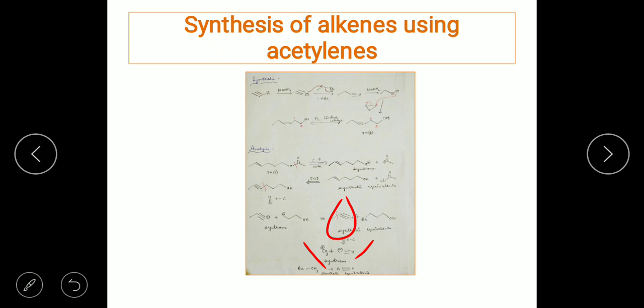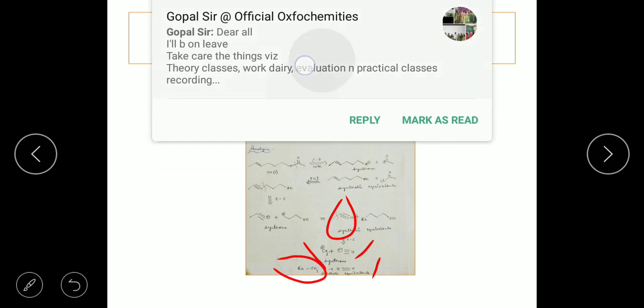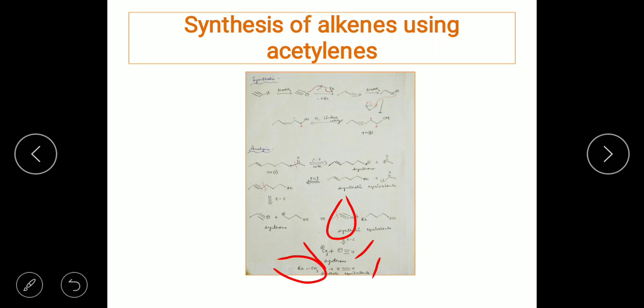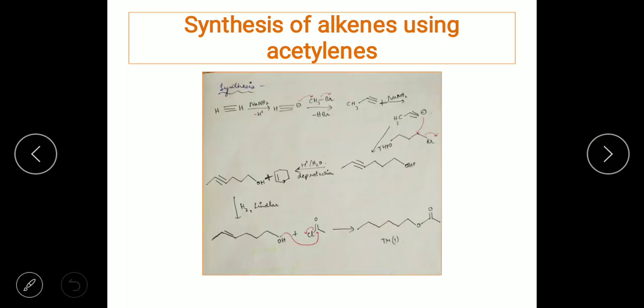Their synthetic equivalents would again be acetylene for the anion, and for the methyl cation, bromomethane, because Br minus is going to attack the CH3 plus and give BrCH3 as the starting material. So now we have bromomethane and acetylene as starting materials. Now these we are going to make use of in the synthesis.